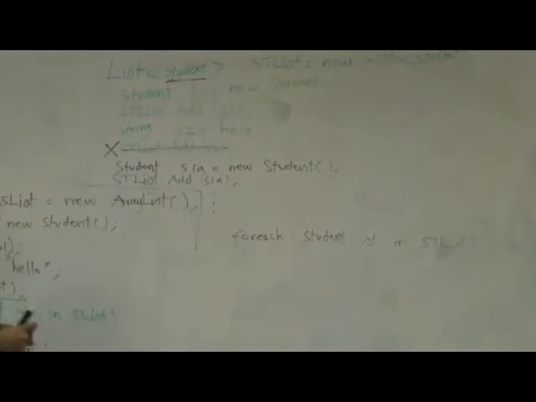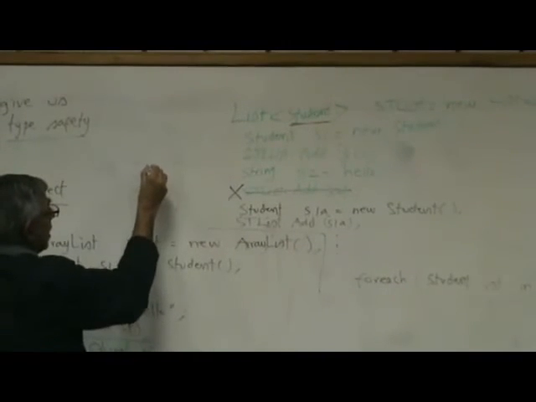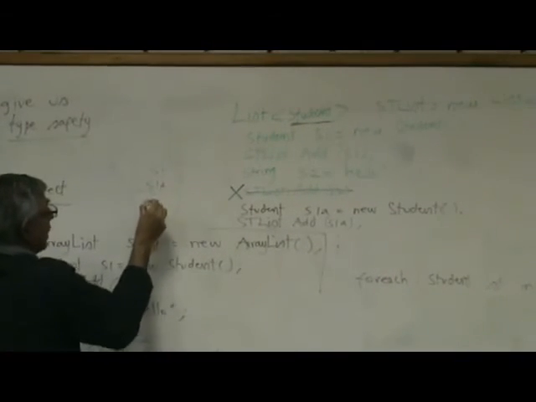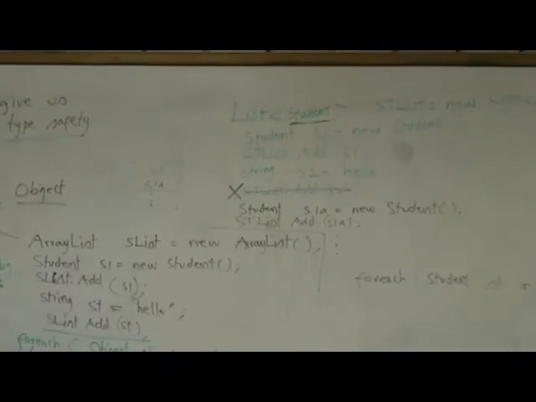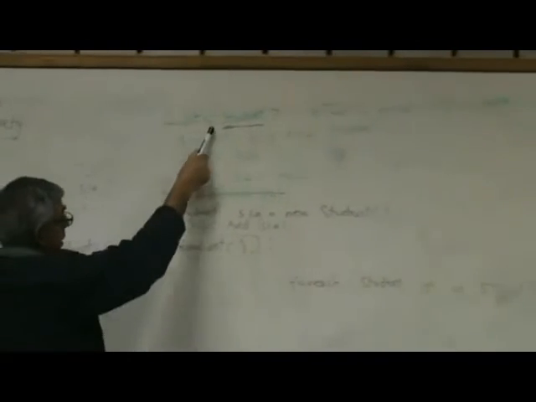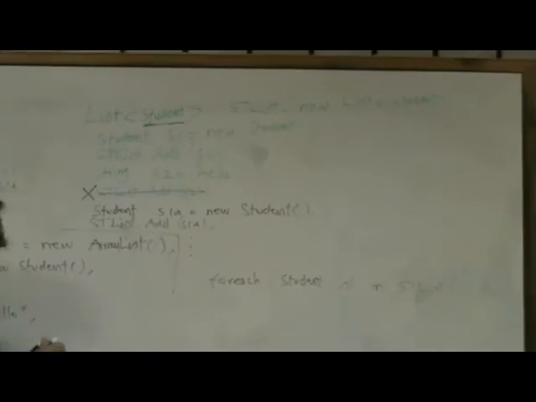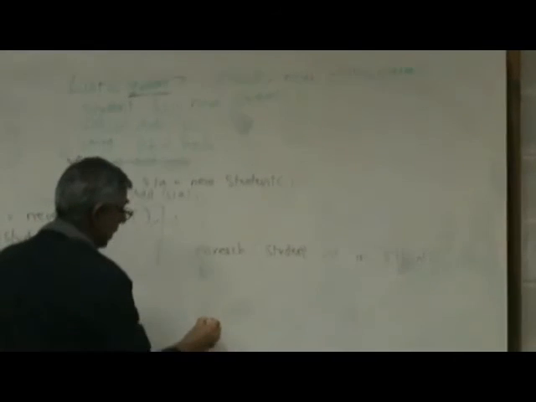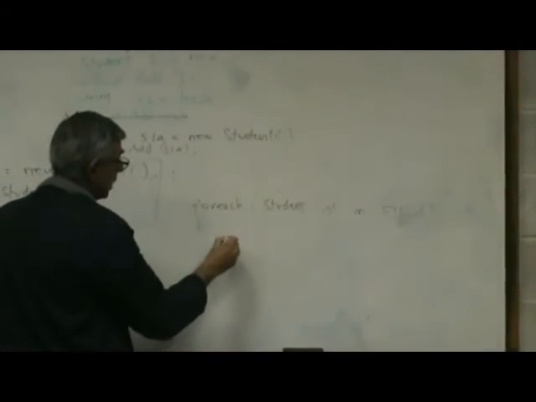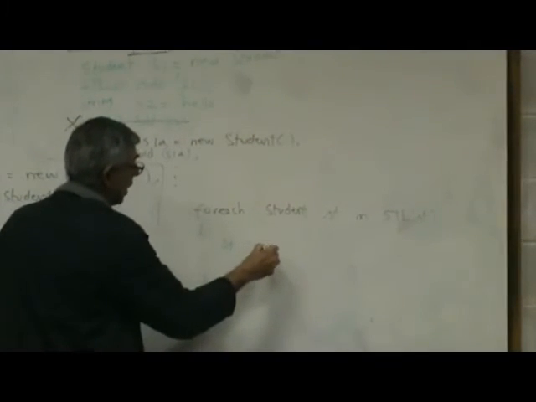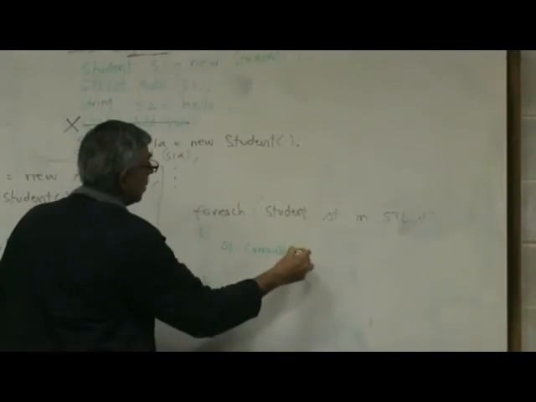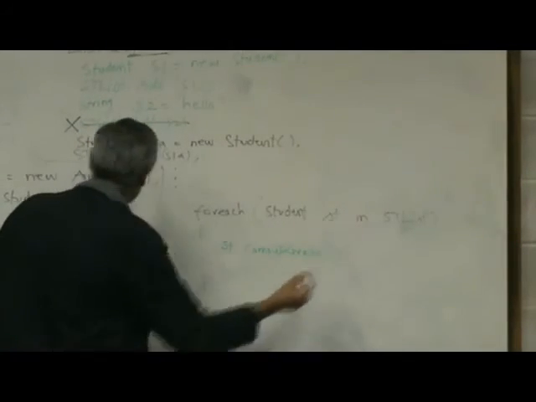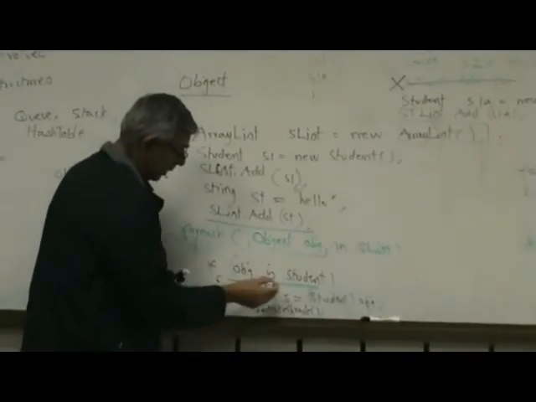Because if you take a look, now it is guaranteed that everything over here will be of type student, because it's a generic list. So because it's guaranteed everything will be a student, can we just say st.ComputeGrade? Do we have to do the is or as operator like we were doing over here?